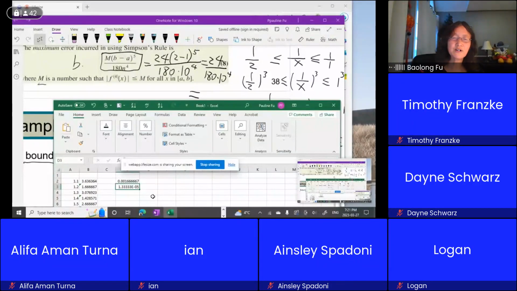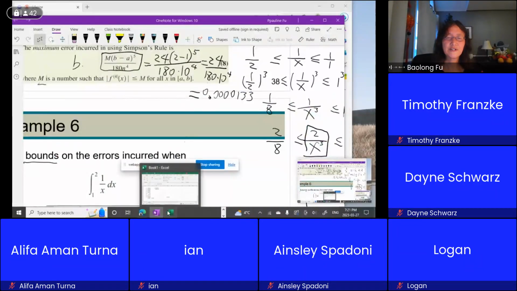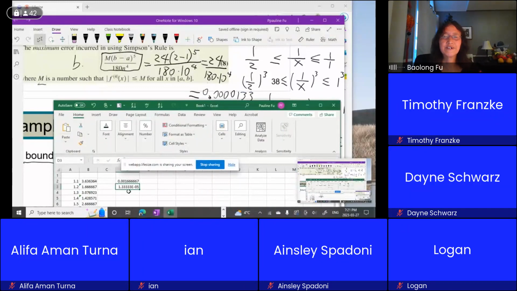So what is this number in decimal? This Excel output is scientific notation, the same as this number. So let's conclude section 3 of chapter 7. Any questions?